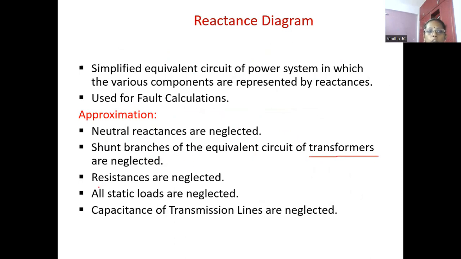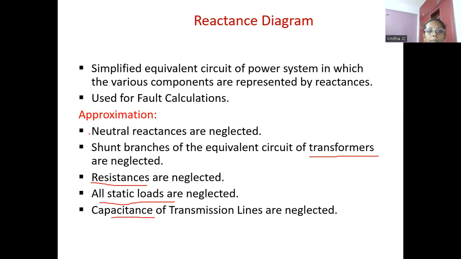And the third point is that all the resistances of the entire components can be neglected. And the fourth point is that all static loads are neglected. And the last point is that the capacitance connected in the transmission lines can be neglected. So these are all the approximations that are made in this reactance diagram.